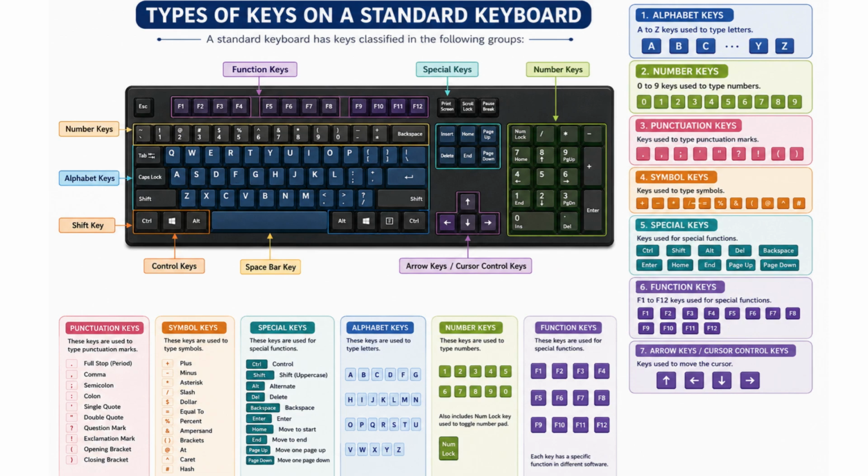After that you have punctuation keys to give punctuation marks, like you have question mark, exclamation mark or brackets, asterisk, colon, semicolon, comma. Then we have symbol keys that is used to give symbols. It consists of symbols like plus, minus, percentage, ampersand, like this.